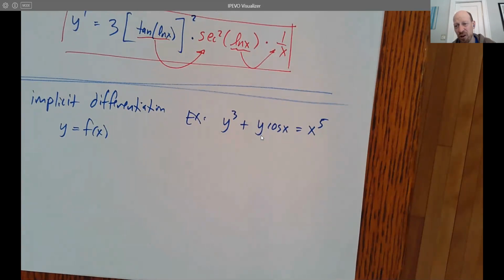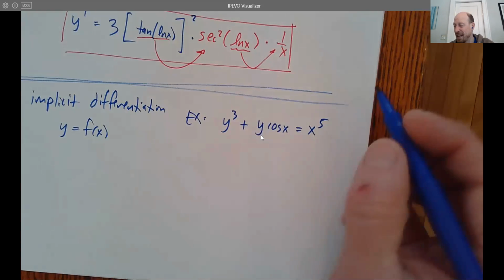I actually don't know how to write y in terms of x. This may not even be really solvable for y. It kind of is because it's a cubic, but it's really hard and really messy. So it's not something we're able to rearrange, but we can still think of it as a function of x, even if it doesn't fit our normal function rules.